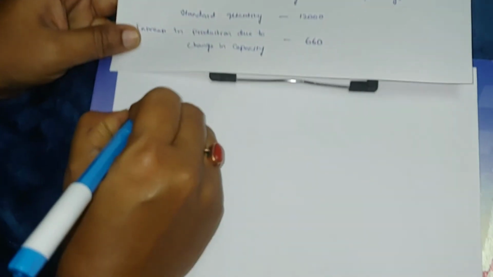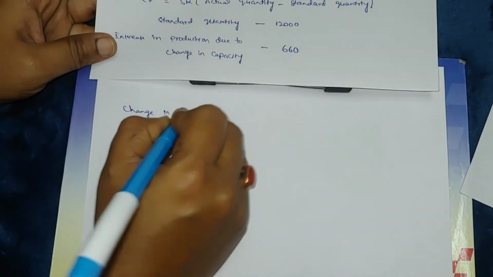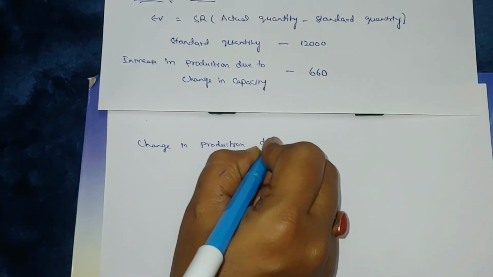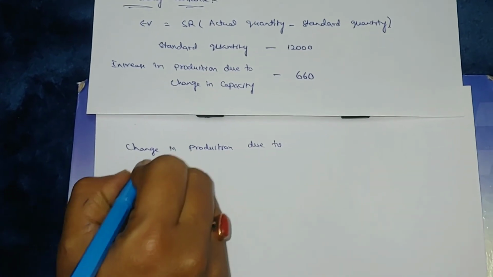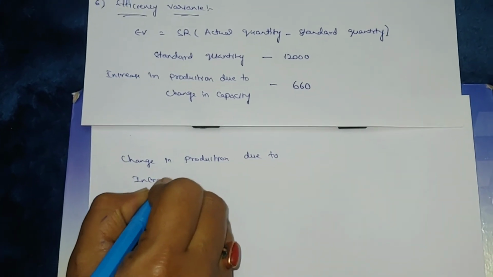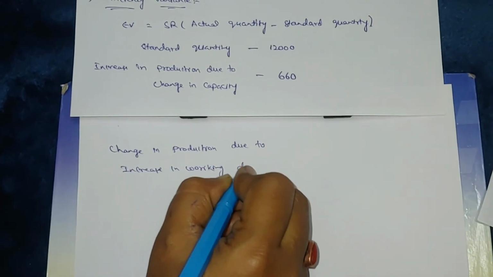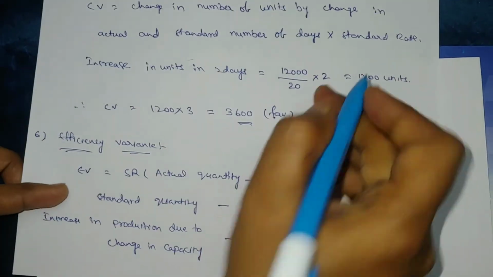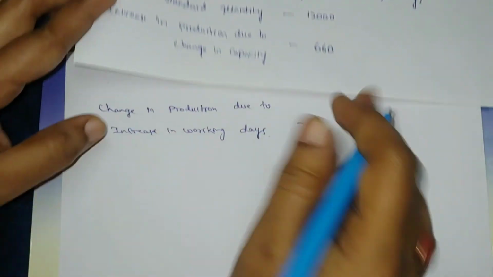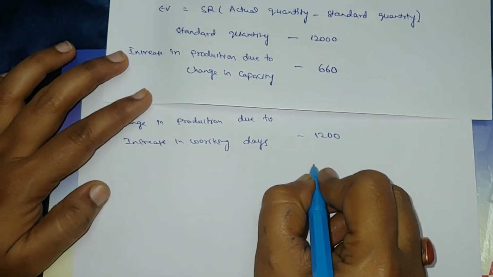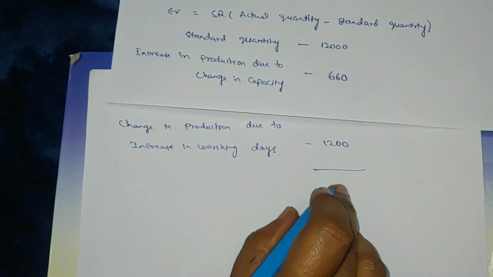Next, change in production due to increase in working days. Increase in working days is equal to 1200 units. Total standard quantity is equal to 12,000 plus 660 plus 1200.